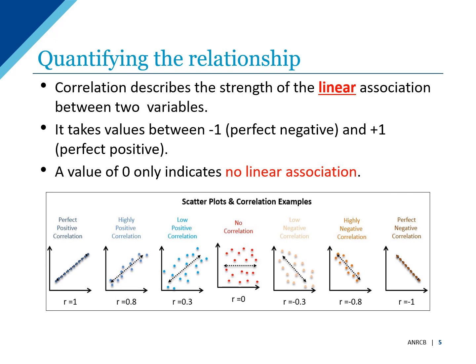Various correlation strengths between -1 and 1 are depicted in the graphs on this slide, including a value of 0, indicating only that there is no linear association.